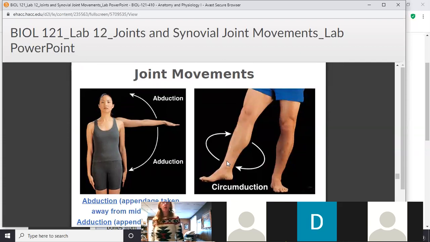Abduction, I'm taking the arm away from the midline. Adduction, I'm bringing it back. Circumduction.